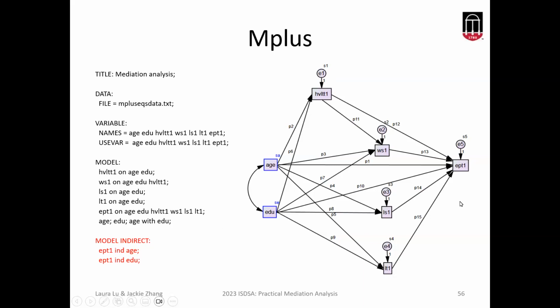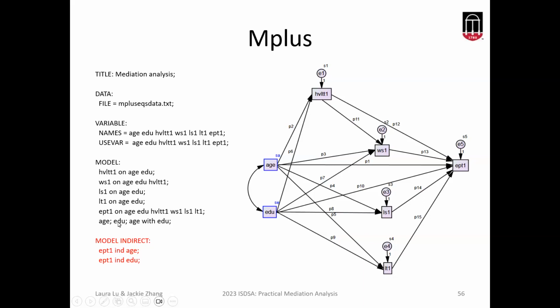And finally, EPT, the dependent variable, is regressed on all of these variables. So we have H here, we have EDU here, and we have HVLTT, WS, LS, LT here. So it has all of these coefficients defined here. And then let's look at this part. We just have the names of variables, H and EDU.